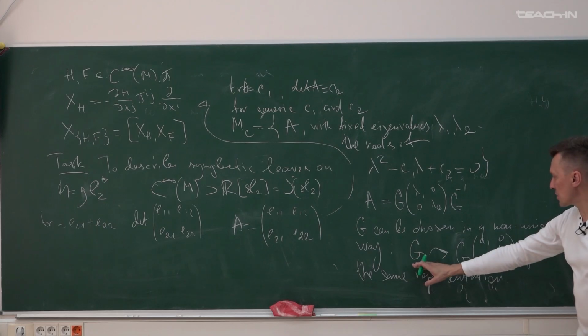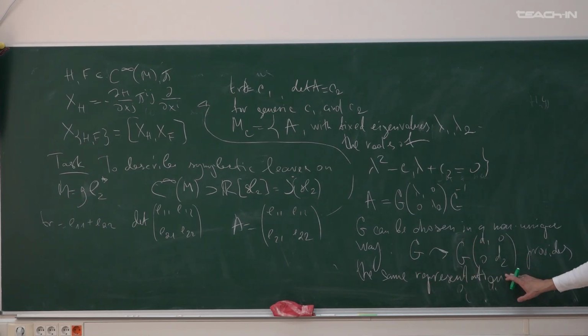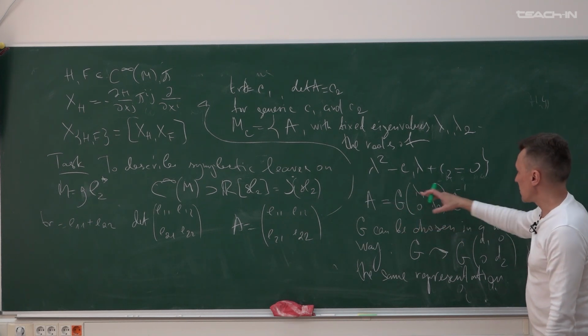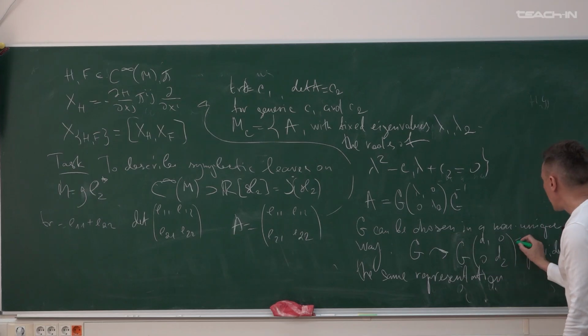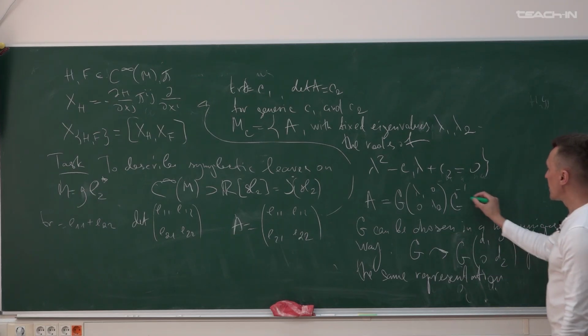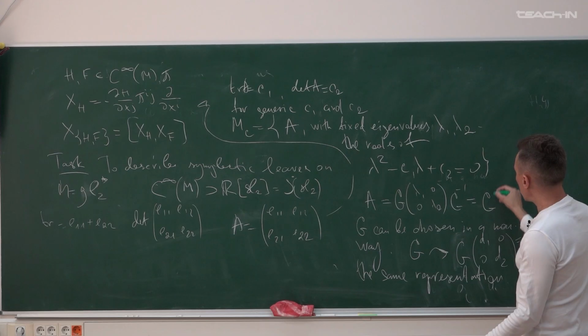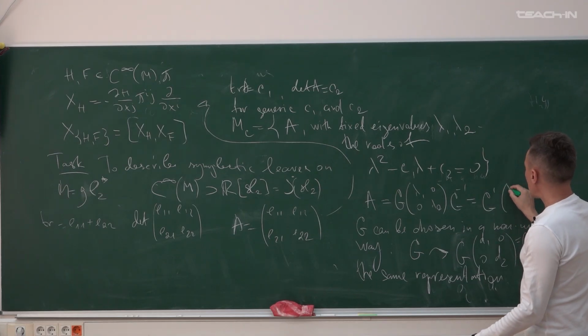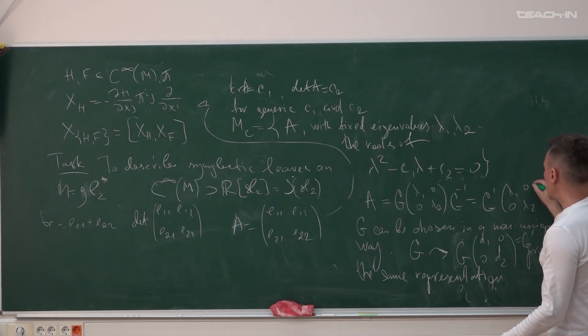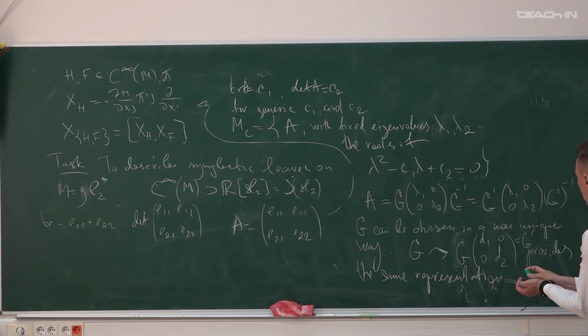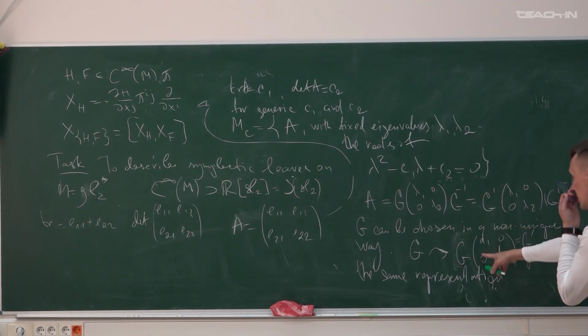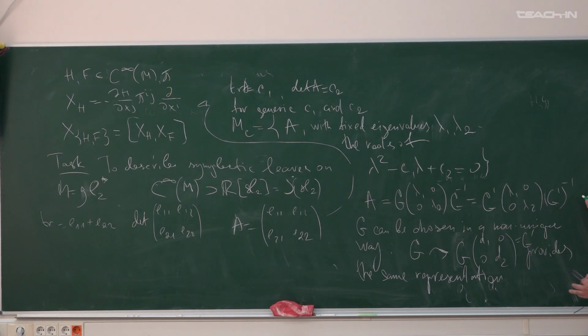If we just change G by G multiplied by a diagonal matrix on the right, it will give the same formula. So if we denote this by G prime, then this is equal to G prime lambda 1, lambda 2, G prime minus 1. It is just equal because this diagonal matrix commutes with lambdas.